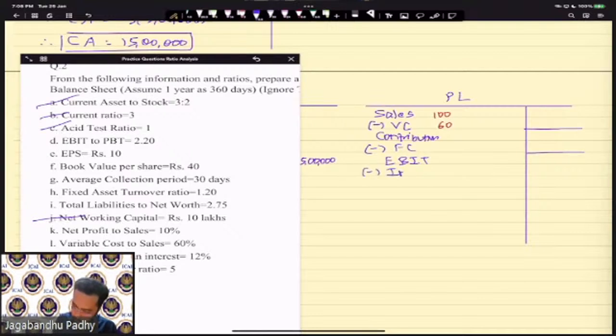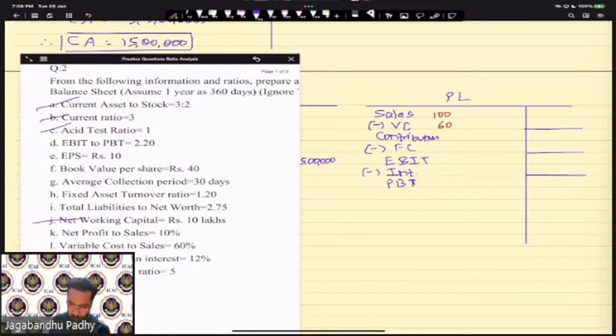From that, we subtract the interest. The interest rate, if you look over here, is given to us. The long-term loan interest rate is 5%. Again, we don't know the long-term loan amount. So we are stuck. Never mind. From interest, we get profit before tax.